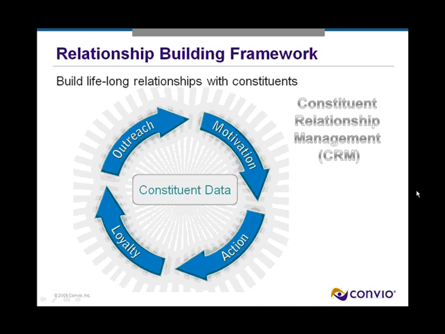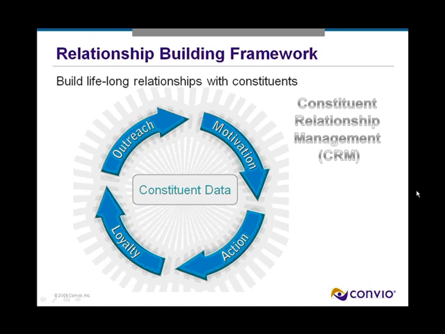This is the framework that we look through, that we see the world through in terms of our lens as we think about online relationship building and growing your base of support for your mission using the internet. And that really consists of 4 key areas: outreach, motivation, action, and loyalty. This is online constituent relationship management, or ECRM.